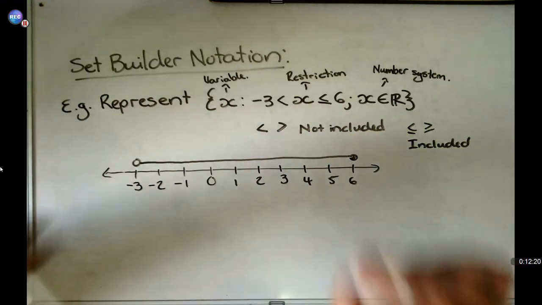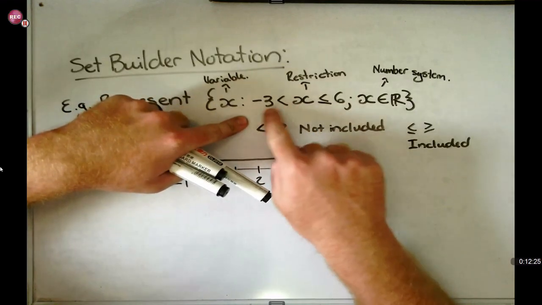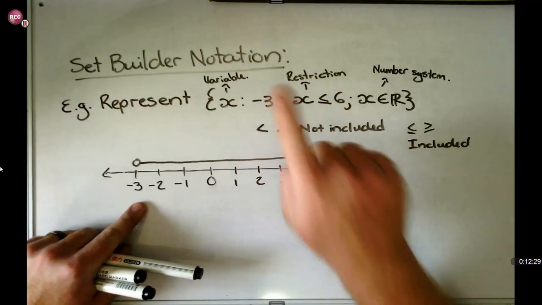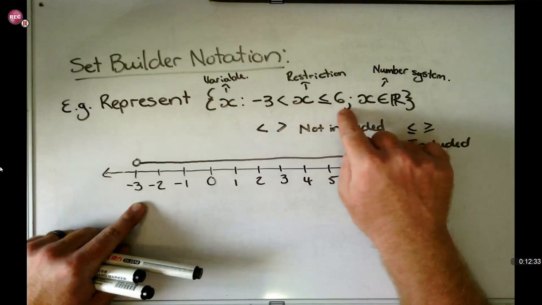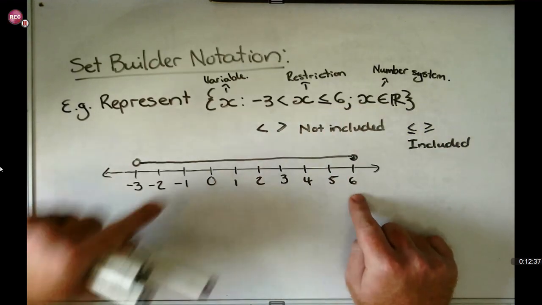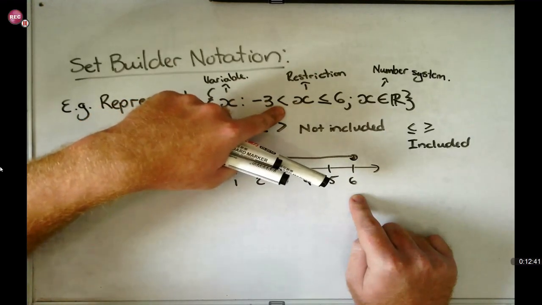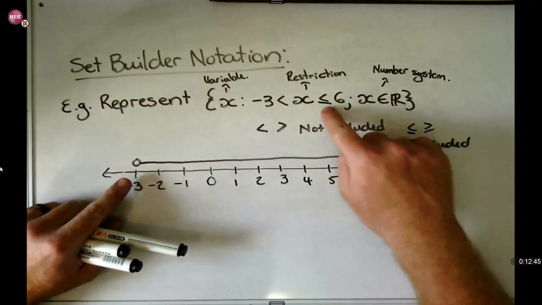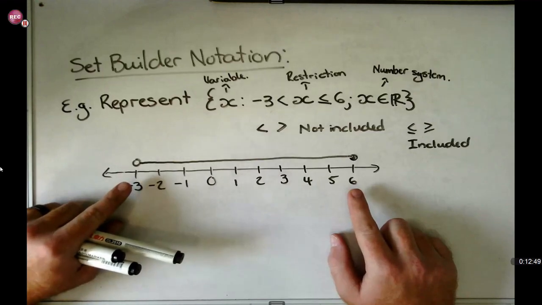So the way that you read this is the fact that x is bigger than -3, so that's why we start at -3, but x is smaller than and equal to 6. That's why we end at 6. Because this is not an inclusive symbol, we use an open dot, and because this is an inclusive symbol, we use a closed dot.